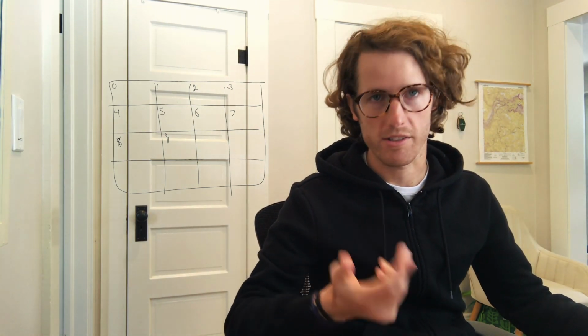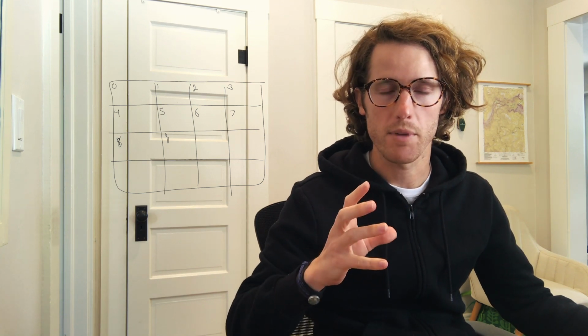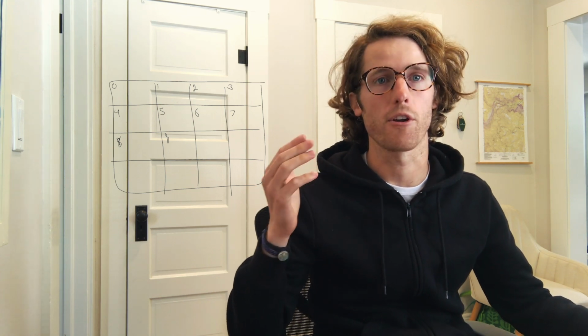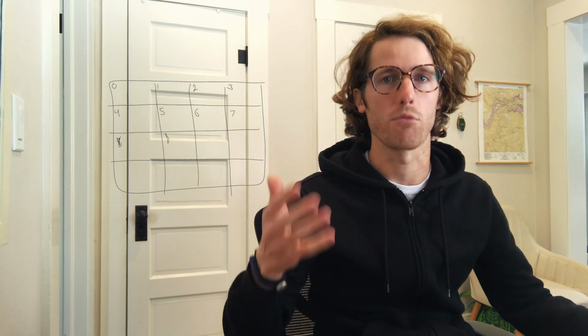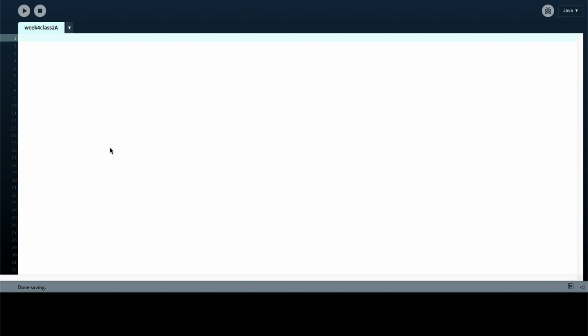So why don't we get a Processing sketch up and running just to see how we can start to interact with these pixels and how we can set them to be a particular color by using their index in the array. And then we'll think about some other things too. But let's start with that. Okay. Here we go, week 4, class 2A.